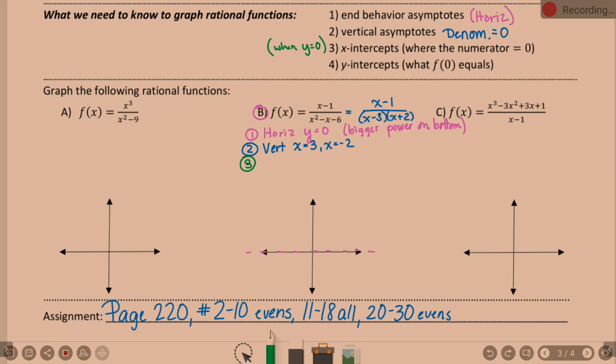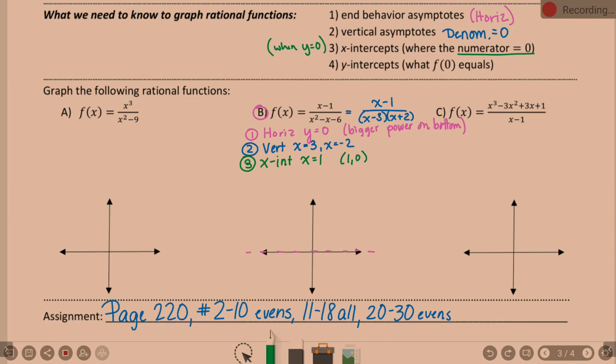But when y equals 0, when does a fraction equal 0? When the numerator equals 0. So the shortcut is to just say when the numerator equals 0. And so, what kind of x-intercept am I going to have? X equals 1. And that could be 1, or if you want to get fancy, (1, 0). I don't have a preference right now.